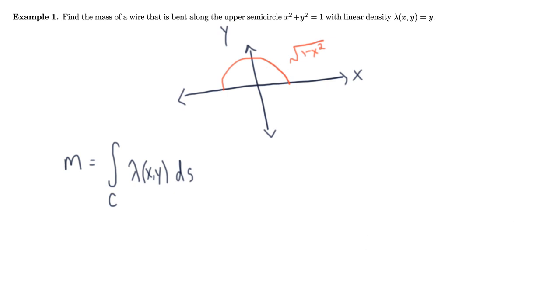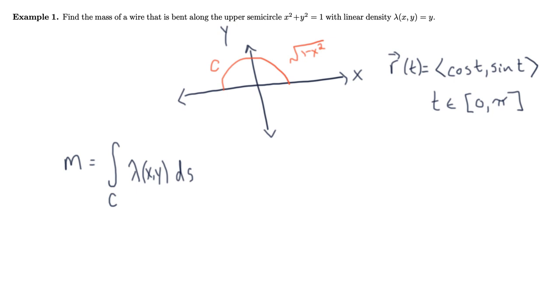So we need to give a parameterization of the upper semicircle, given by x squared plus y squared equals 1. The easiest thing to do is, well, this is just a piece of the unit circle, so we can just use cosine t, sine t. And then instead of letting t go from 0 to 2 pi, we'll just stop t at pi. So we'll go from 0 all the way to pi. And this is a parameterization of this curve C, right here.